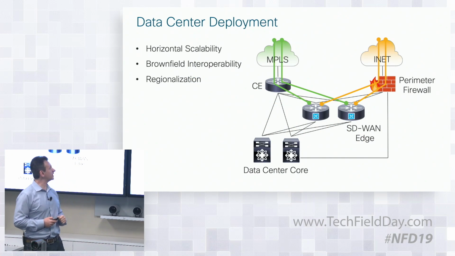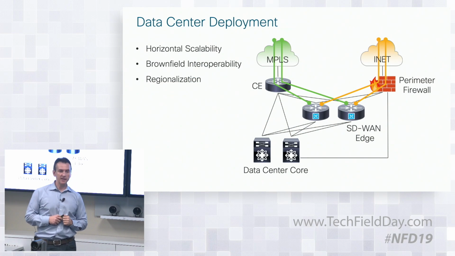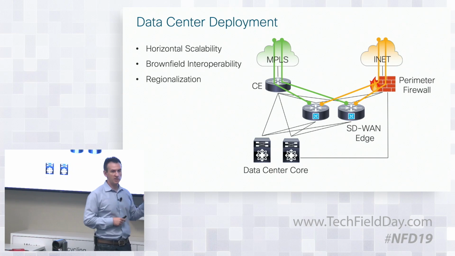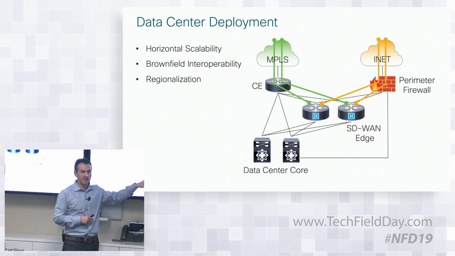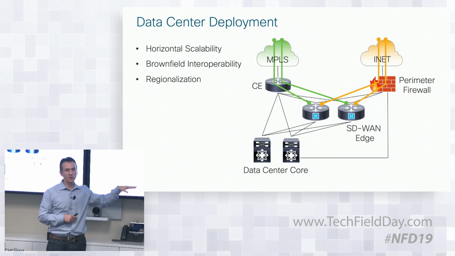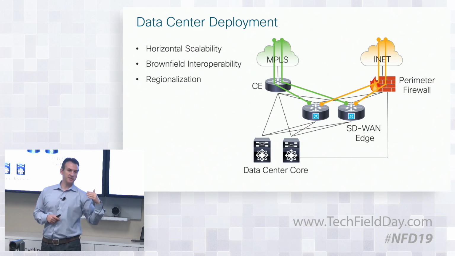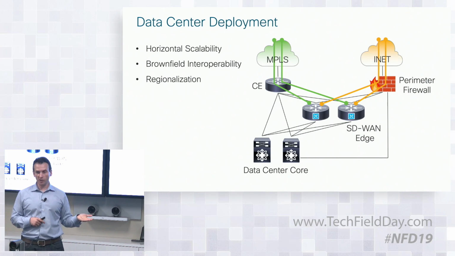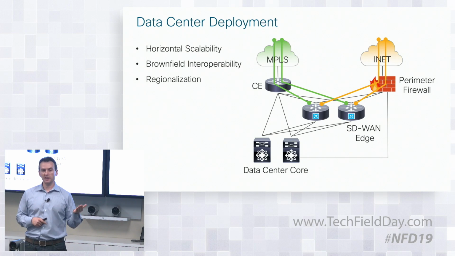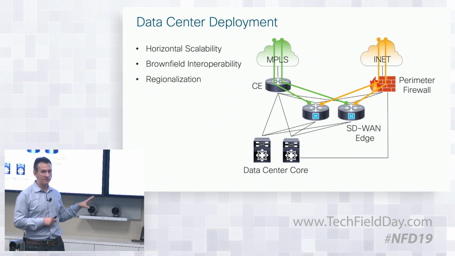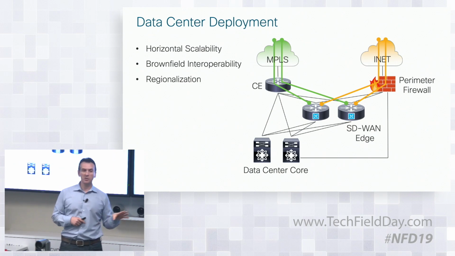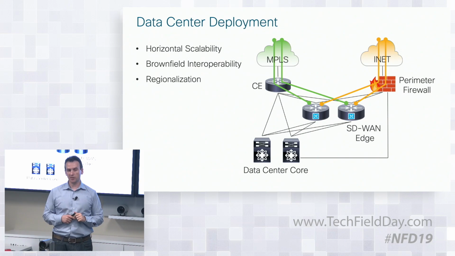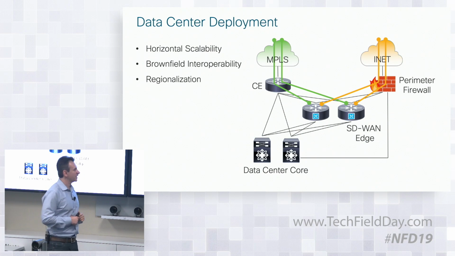Now, if we talk about data center deployment, it usually revolves around a topology that looks like this, when an SD-WAN intelligence, and in this case, we're talking about iOS XE SD-WAN, but it equally applies to the traditional Viptela operating system and traditional Viptela routers as well. So we're making an emphasis on iOS XE SD-WAN here, but it equally applies to the vEdge routers and the Viptela operating system as well.